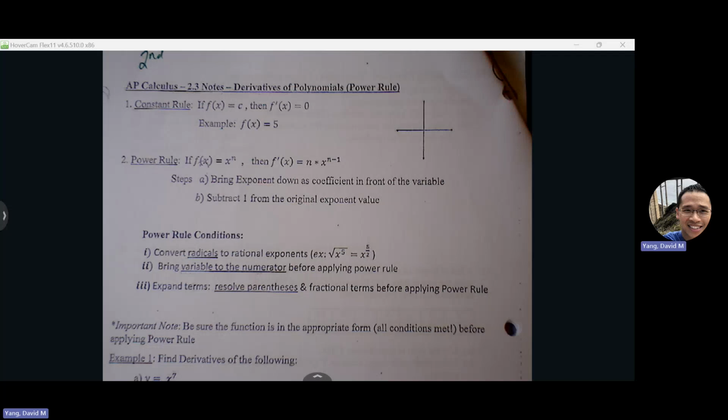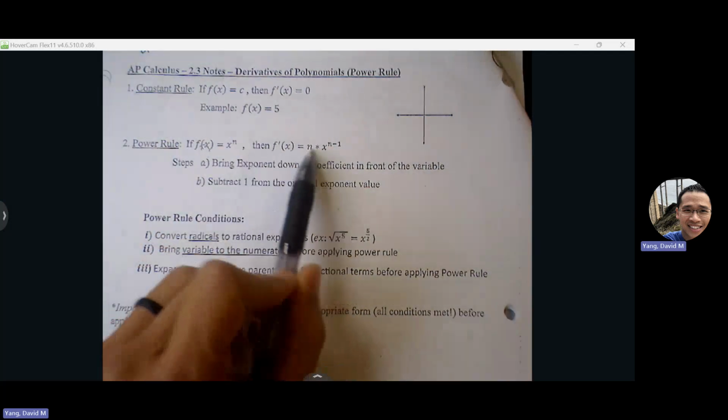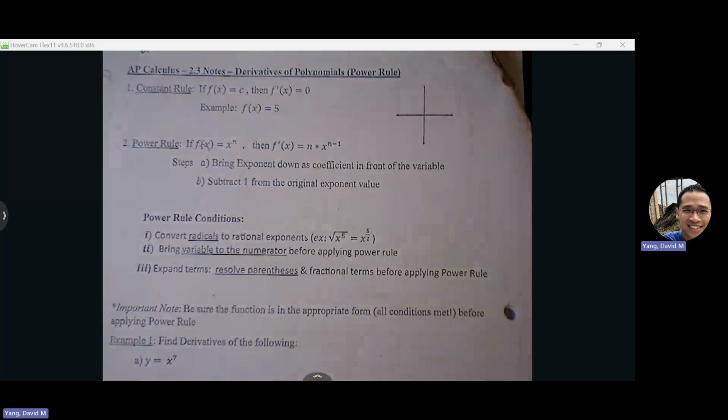No longer are we going to have to use the limit definition to get to the derivative, even though that was a good place to begin the process because we need to see that there was a definite connection between derivative and slope. But now we have a much more efficient way called power rule that can allow us to get to our derivative much quicker in just one step rather than have to go through a series of direct substitution and evaluating limits.